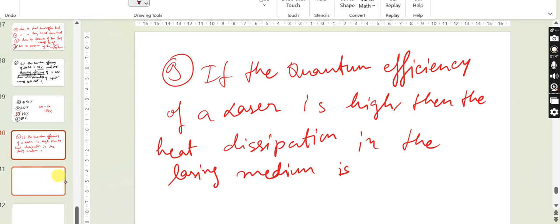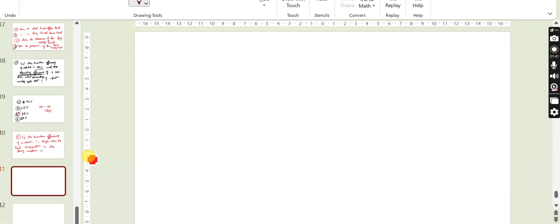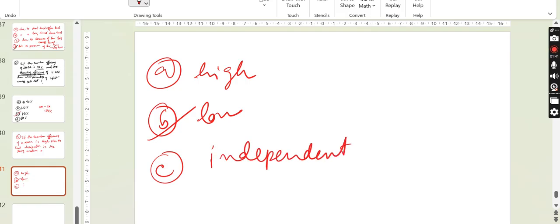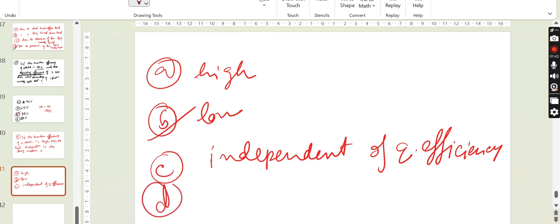If the lost energy is low, then the thermal energy due to this lost energy is also low. So basically the heat dissipation in the lasing medium will be low. So high is not the option. B, low, is the option. Independent of quantum efficiency, that is not true. D is none of the above.